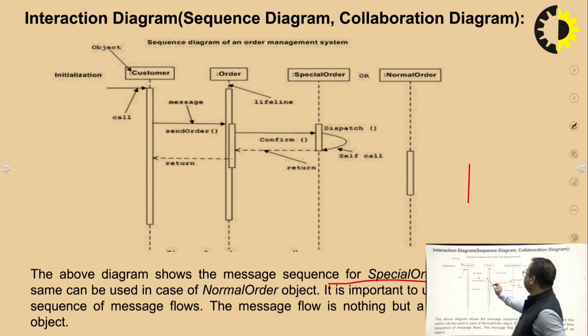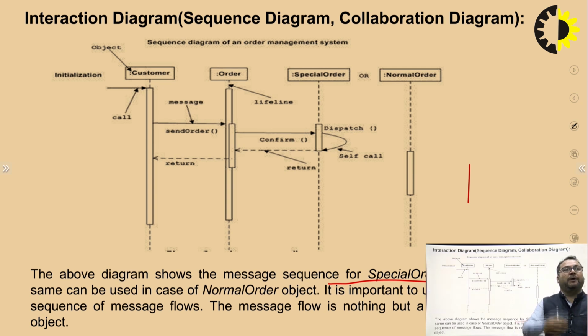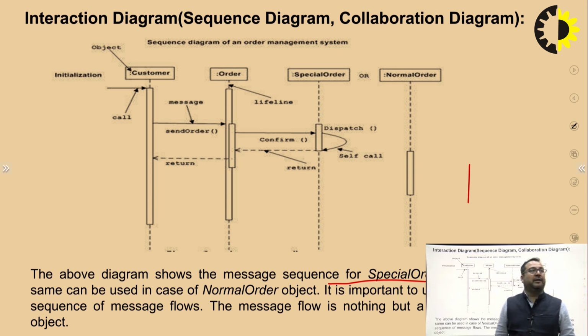So customer send order will be the first activity. Then the order gets confirmed, and if it is okay, then it will be dispatched. This can be represented in a time reference. So this comes under the interaction diagram.